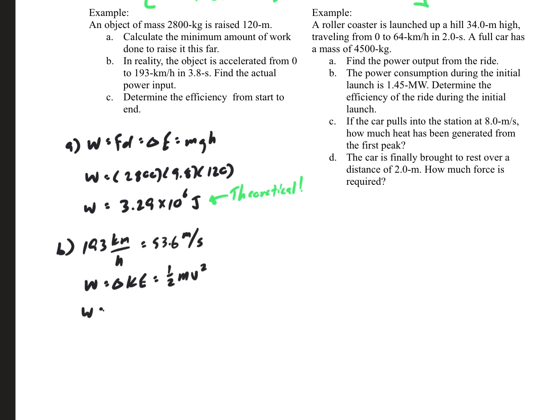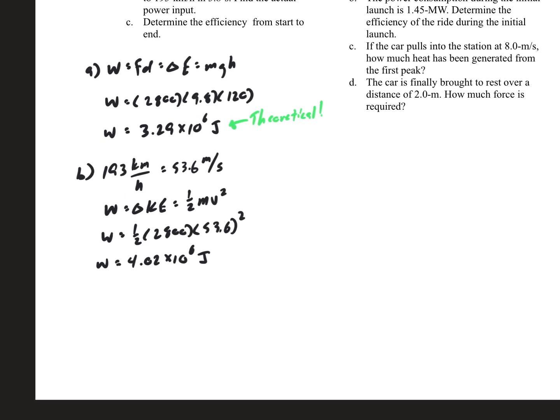So the work done is 1/2 mass of 2,800, that final velocity is 53.6 squared. So the work done to get it going is about 4.02 times 10 to the 6th joules.